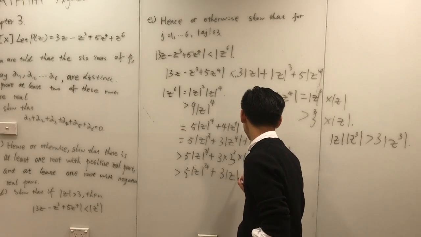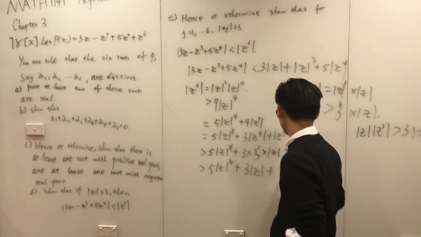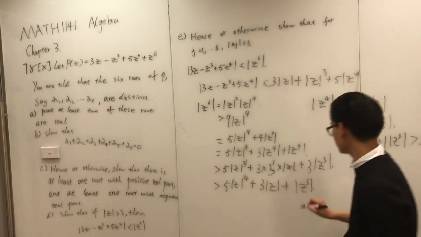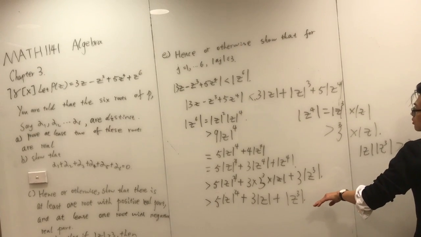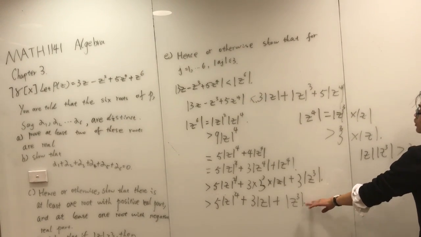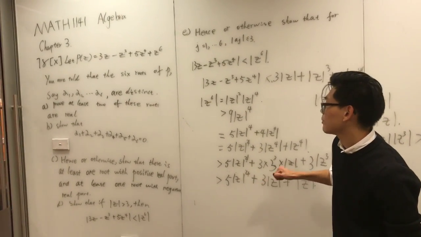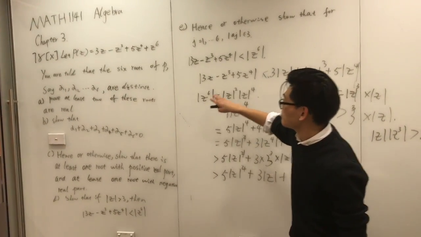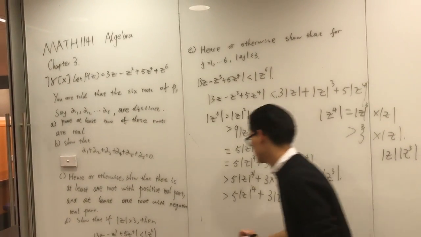3|z| plus |z³|. Right? So we match the broken down equation into equation 1. Now we can prove |z|⁶ is bigger than |3z − z³ + 5z⁴|. Right?